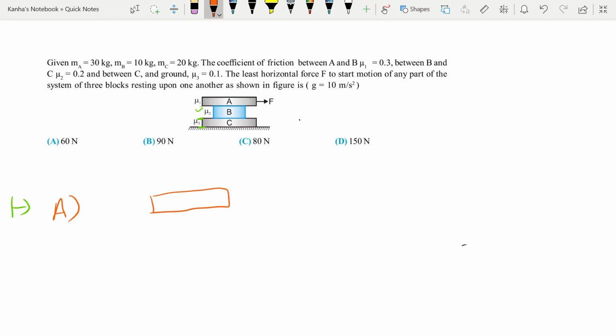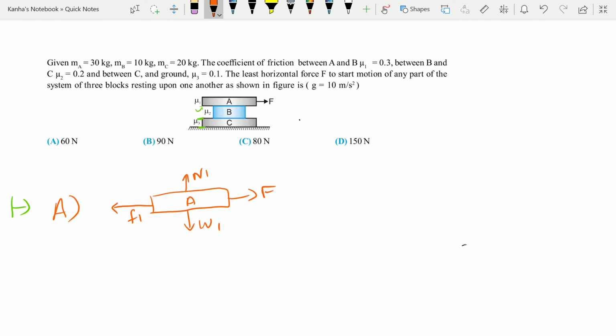If I just draw the FBD for this, like the minute version of the FBD, I will have some frictional force on the left side, which is being applied by the contact between A and B. And there is some normal reaction N1, and its weight is acting.